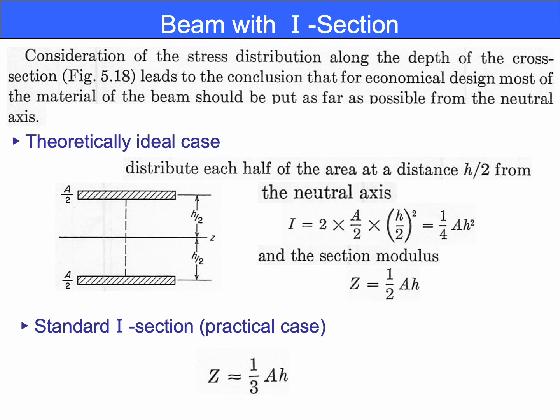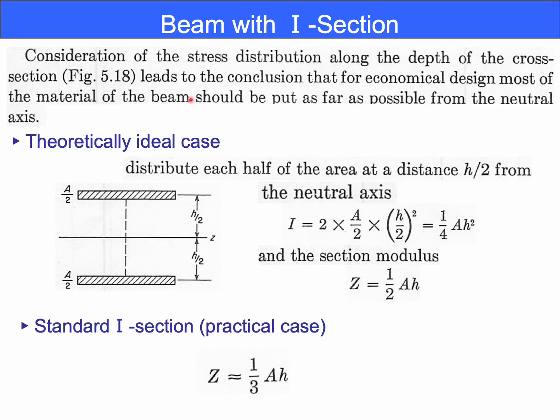This slide is the design philosophy slide. Let us discuss the section modulus of the ideal I-section beam. Let's recall that when the section modulus is larger, we have smaller maximum stress. We would like to check what the section modulus of the ideal I-section beam is like. The principle we have to think about is moving material away from the neutral axis.